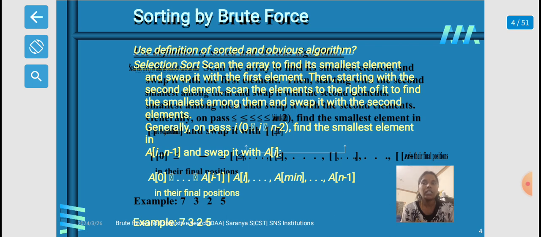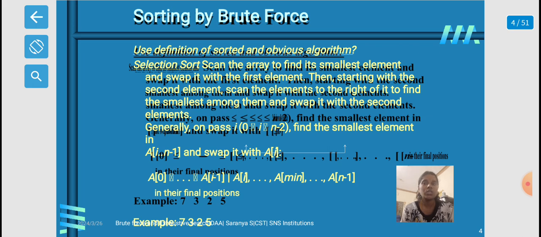C(n) is equal to the summation for i equal to 0 to n minus 2 of the summation for j equal to i plus 1 to n minus 1 of 1, which equals the summation for i equal to 0 to n minus 2 of n minus 1 minus i, which equals n times n minus 1 divided by 2.